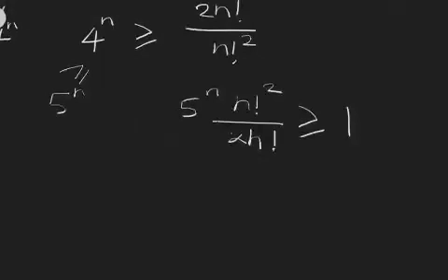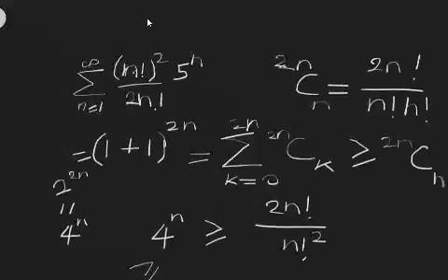That means, let's say this one is equal to a sub n, right? The limit of a sub n does not converge to 0. We know that if the series is convergent, this one goes to 0 as n tends to infinity.